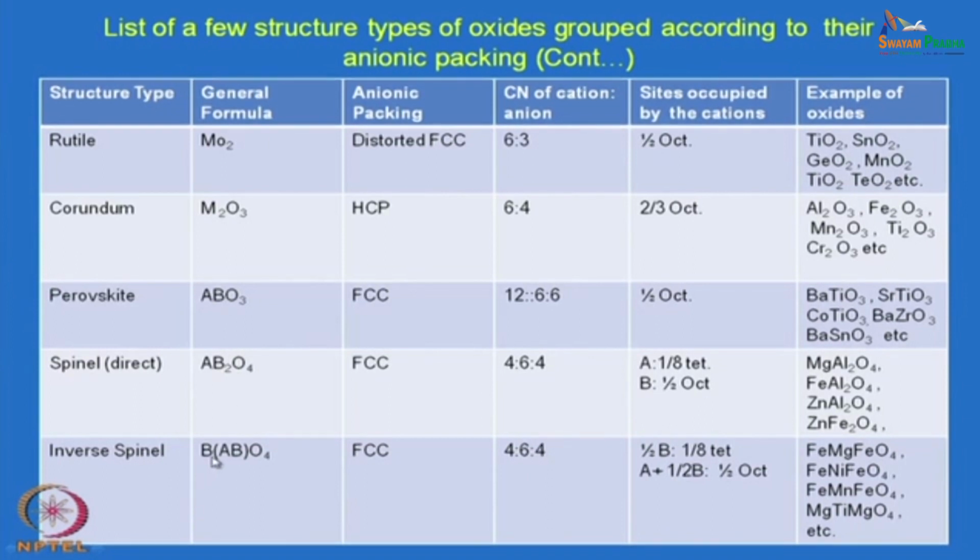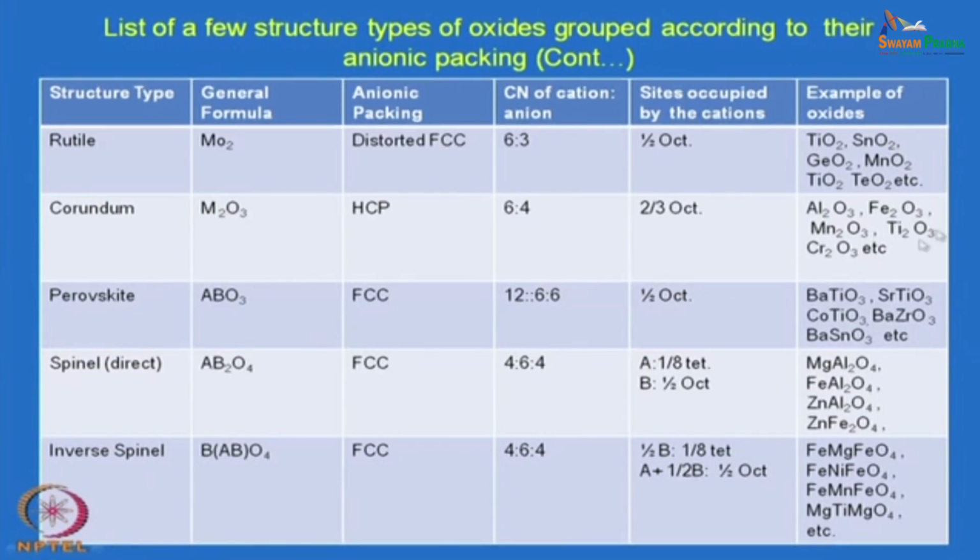B here is trivalent and two of the cations have been distributed between octahedral and tetrahedral, and A has gone inside the octahedral site. So, what has happened, B has come out from the octahedral to the tetrahedral.